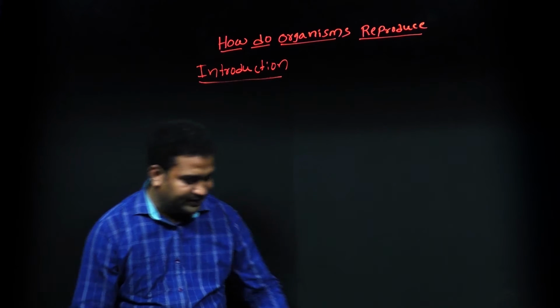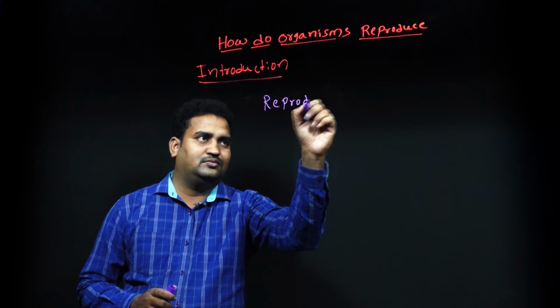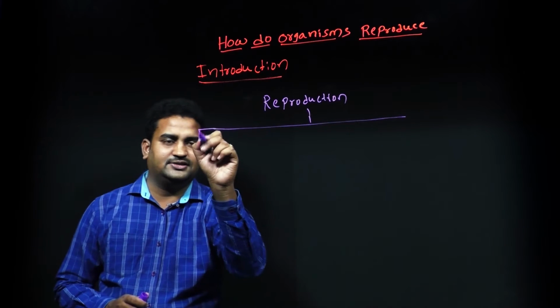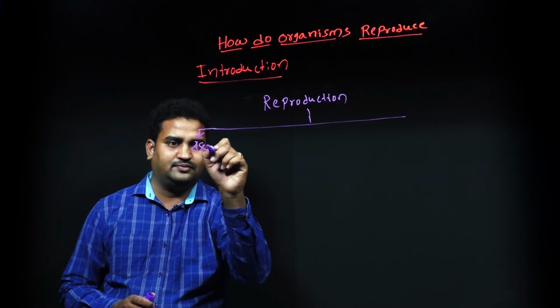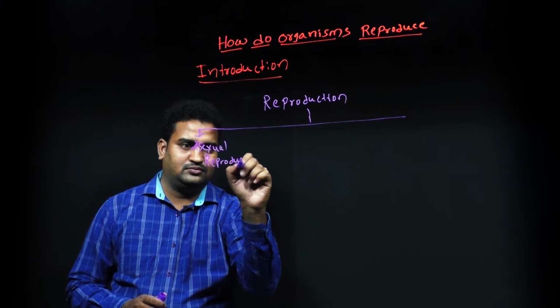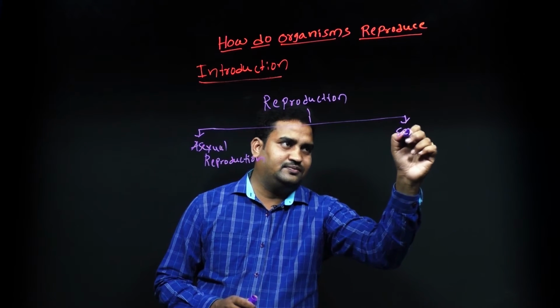Generally, reproduction is of two kinds. One is asexual reproduction, and another one is sexual reproduction.